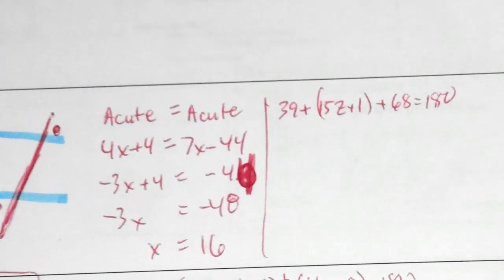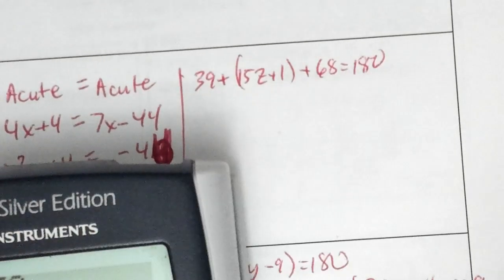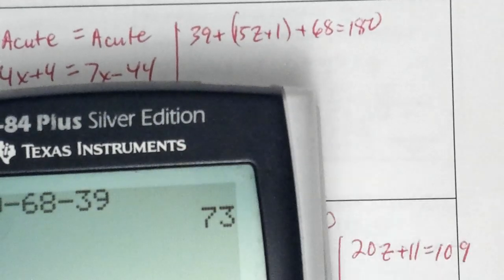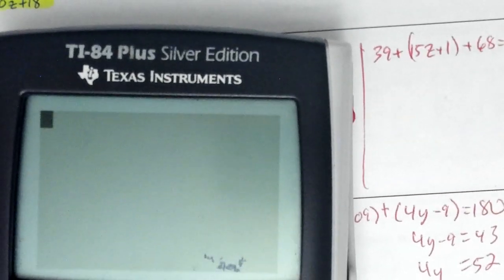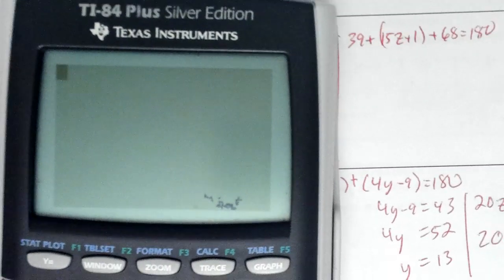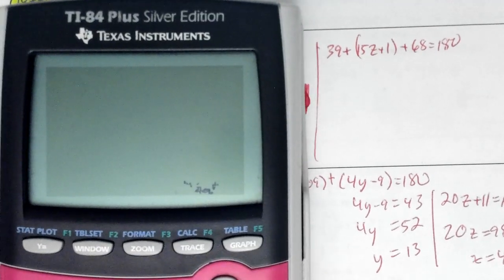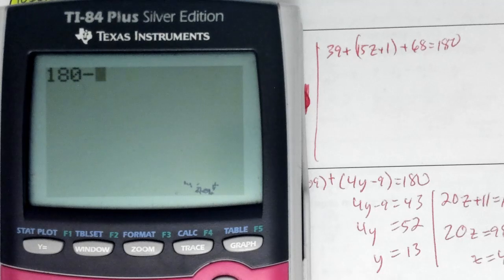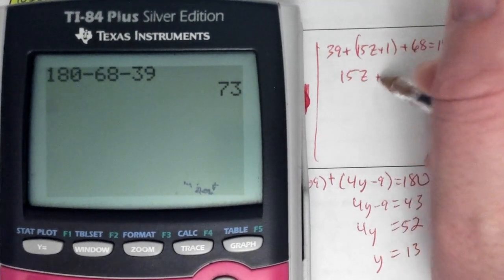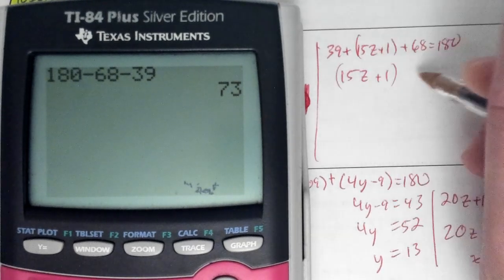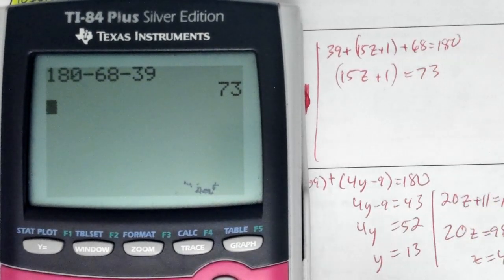All right, so with that, knowing all of that right there, just trying to find that sweet spot for the camera. Okay, so with all this, 180, if I subtract the 68 and I subtract 39, I know that 15z plus 1, that right there, is equal to 73. Awesome. All right, now just solve.